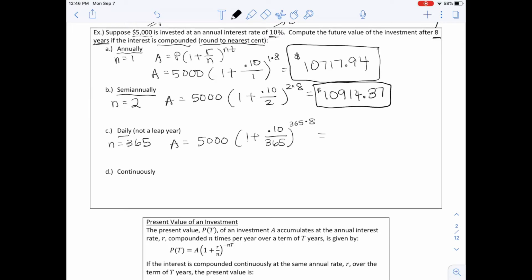It's a big number. You want to multiply that out first or put it in parentheses if you're having issues getting the correct answer. Now every day they put a little bit of interest into your account, so you should have even more money after those 8 years, and we do. We have $11,126.49.